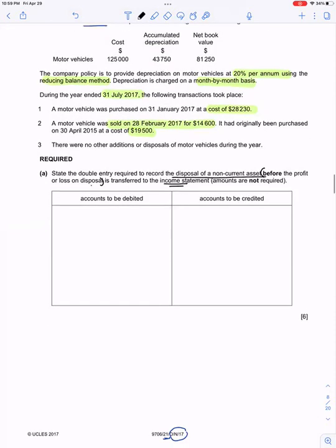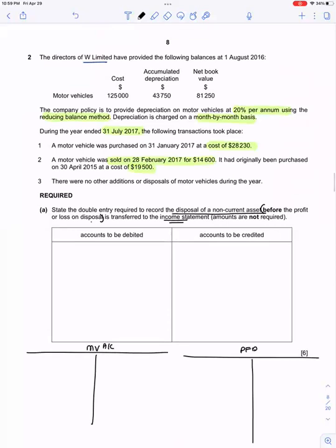Okay. So I'm preparing one motor vehicle account. I'm preparing one provision for depreciation account. What is the cost of the motor vehicle? 125,000. What is my year? August 16 to July 17. Are you with me? Yes.